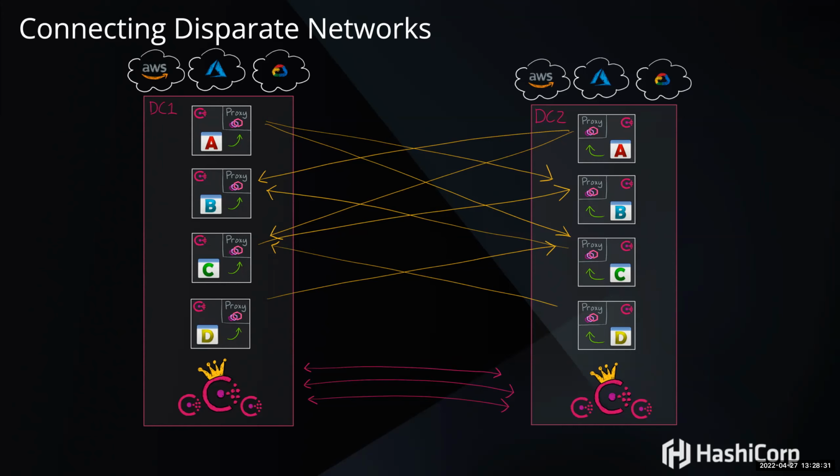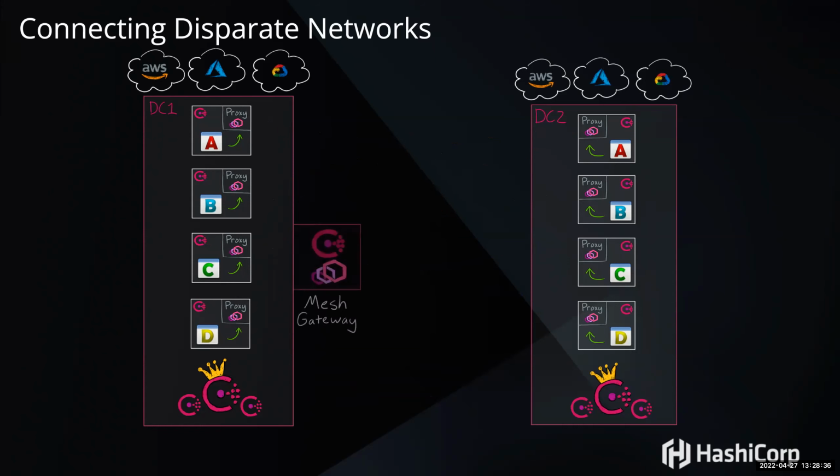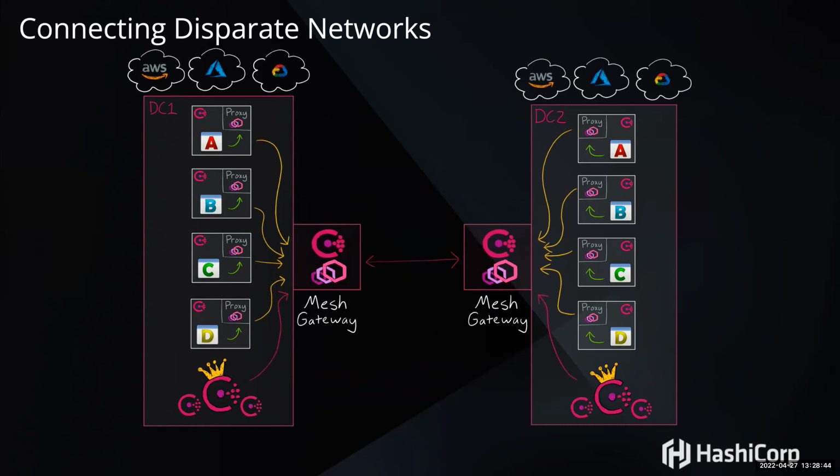So going back to the problem I was describing earlier, from a connectivity standpoint, how do we solve this? We have something called the mesh gateway that we bring into the picture here. The mesh gateway basically bridges the connection between data centers. So now we have a couple of things. As long as I have an external IP address for the mesh gateways to talk to each other, I can actually have overlapping IPs in my data centers.